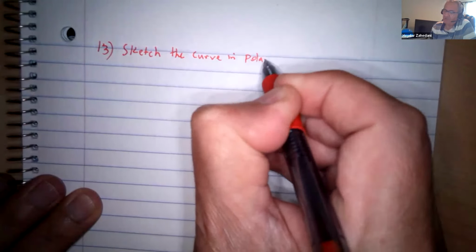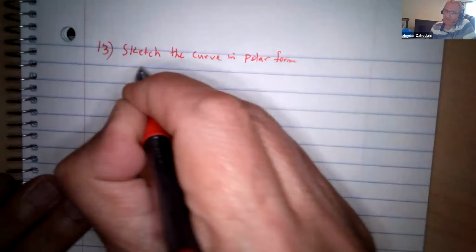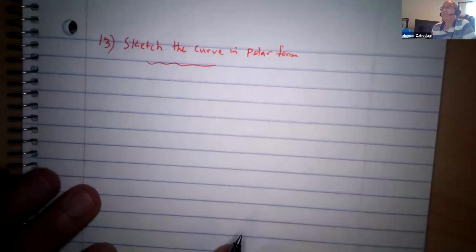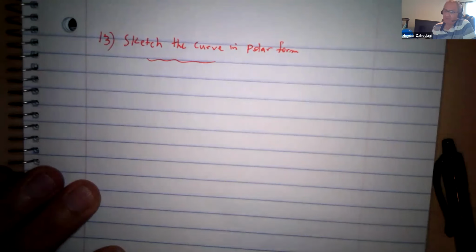You can use your calculator if you don't mind, but you have to graph it for us. So check this one. That will take us to the area problem. Number 13, 14, 15 are the arc length of the cardioid again. 15 is the same as I did. 15, 16, you get quite a lot of arc length.